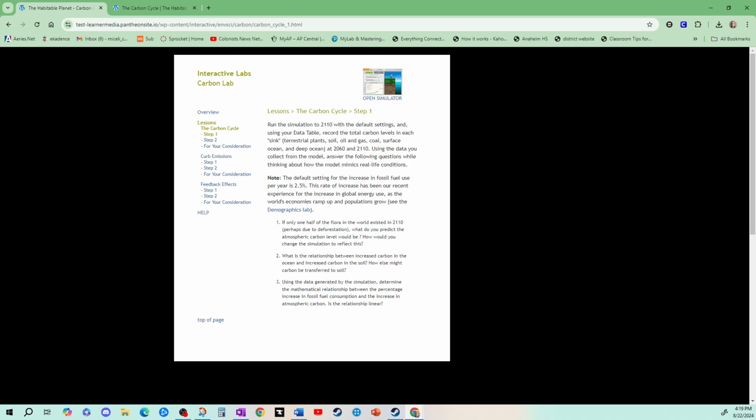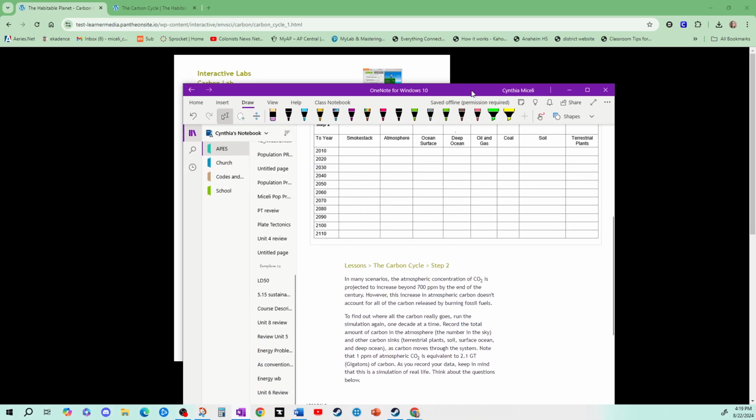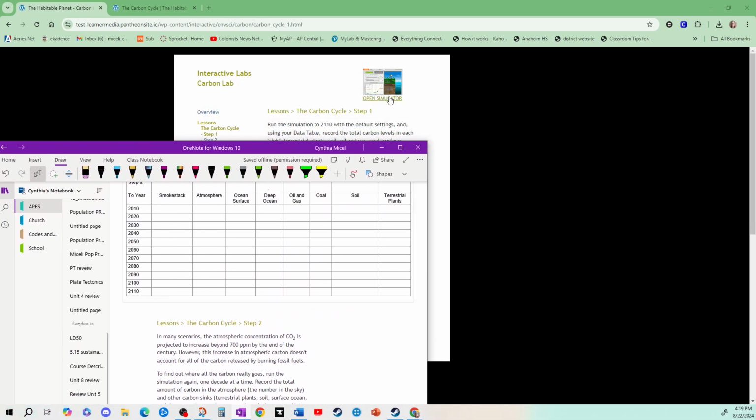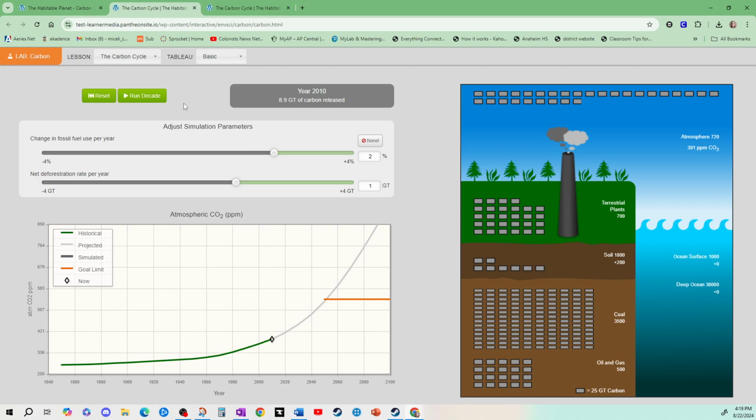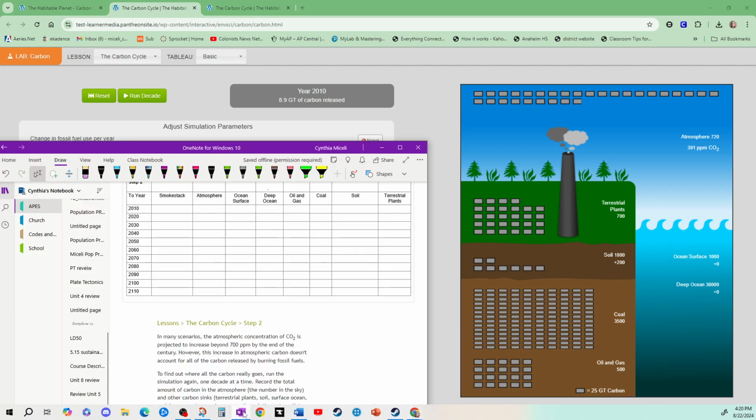Okay, so let's pull up the worksheet and let's start the simulator. So the simulator is set at 2010 right now. And we're going to use these default settings, and we're going to look at these little things over here, and we're going to pull up our paper.